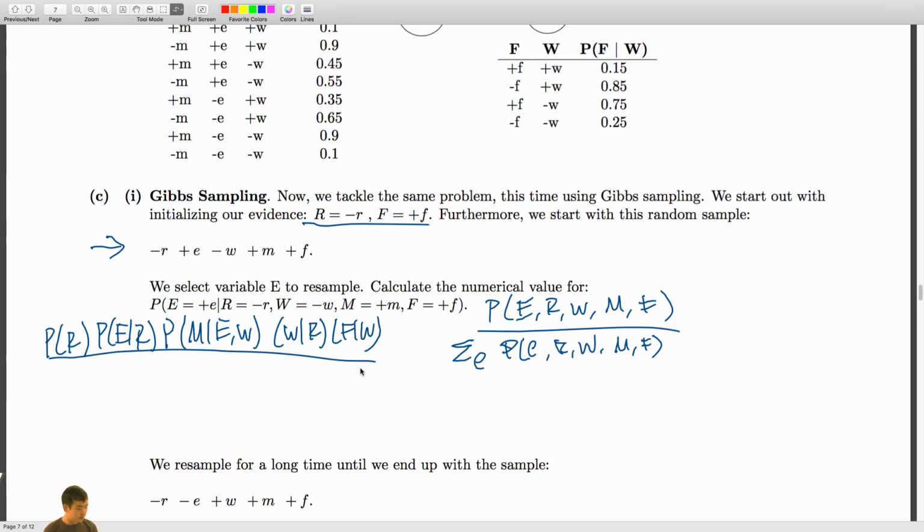And on the denominator, we would have the same thing except summed over the variable E. So this would be probability of R, probability of E given R, probability of M given E and W, probability of W given R, and the probability of F given W, all joined together.